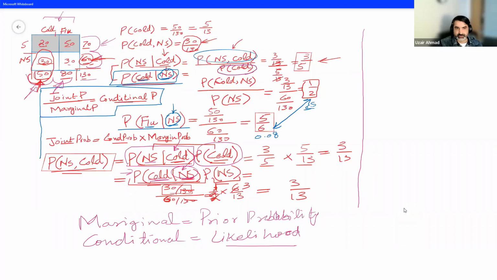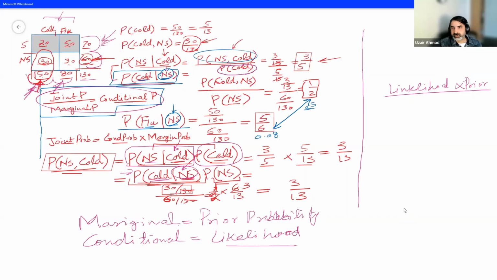So the formula that we have here is going to be used in terms of these two terms, likelihood multiplied by prior, divided by the marginal. We have two kinds, right? One margin is here, one margin is here.